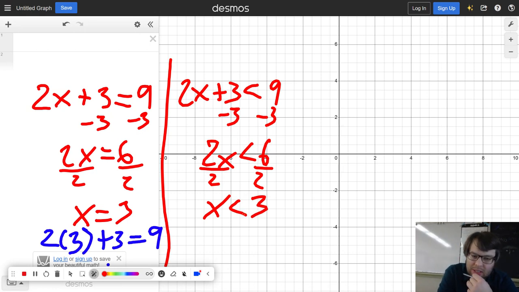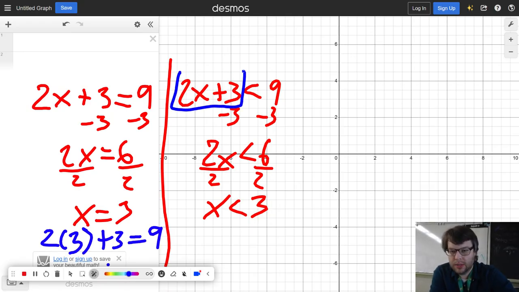The number 3 here, though, is no longer a solution, because we saw that if I replace x with 3, here, I get 9. But the question that I asked you here is an inequality. I don't want the left side to equal 9. I want the left side to be smaller than 9. 3 doesn't count as a solution anymore. A number that's smaller than 3 would count.